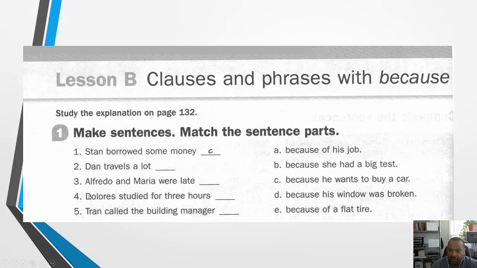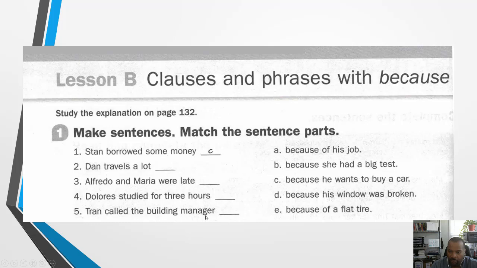All right. Number 4, Dolores studied for 3 hours. I chose B, because she had a big test. All right. Dolores studied for 3 hours because she had a big test. And then number 5, the last one.